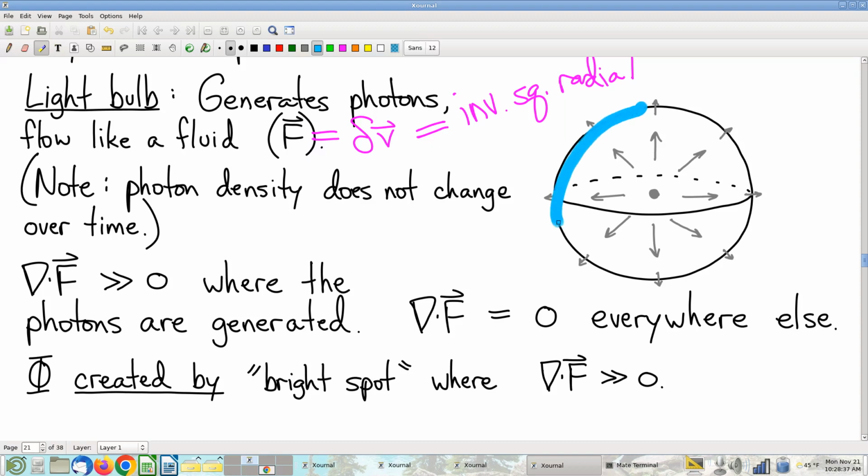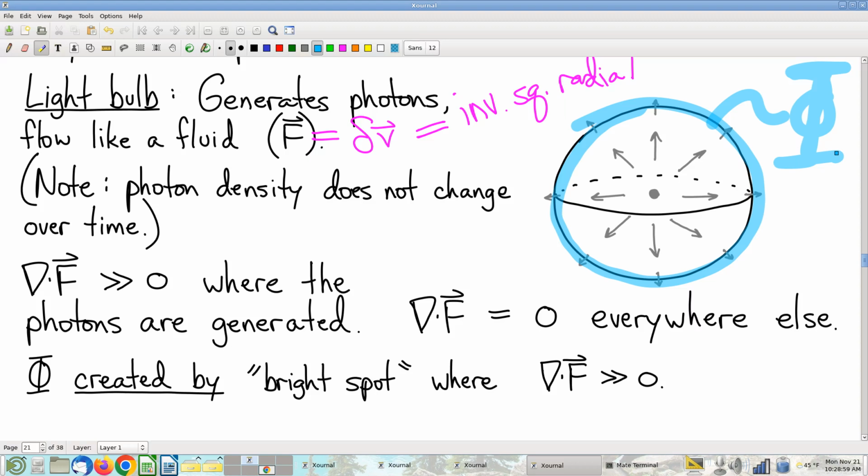So let's look at this surface here. There's a certain amount of flux happening on that surface. Where's that flux coming from? Well, it's coming from where the photons came from. It's coming from the center, where the divergence is pointing.